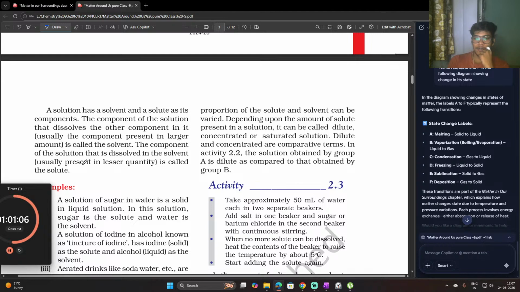The component of the solution that is dissolved in the solvent, usually present in lesser quantity, is called the solute.